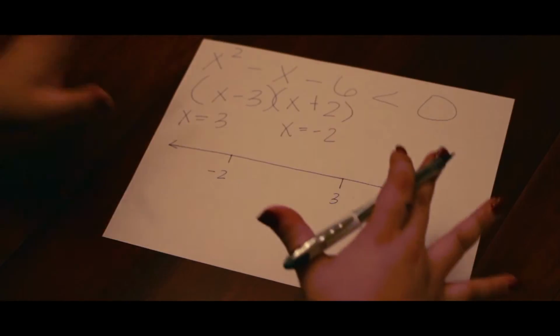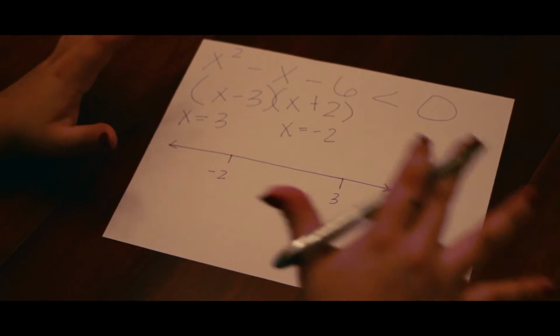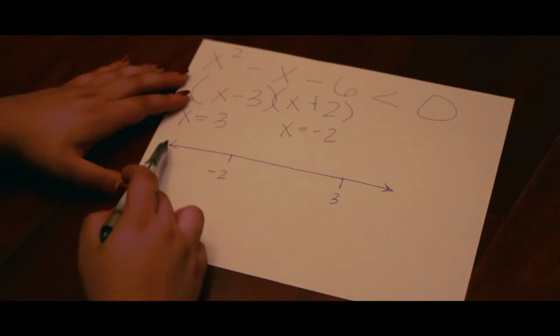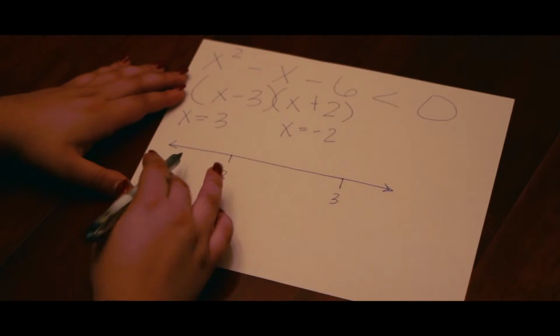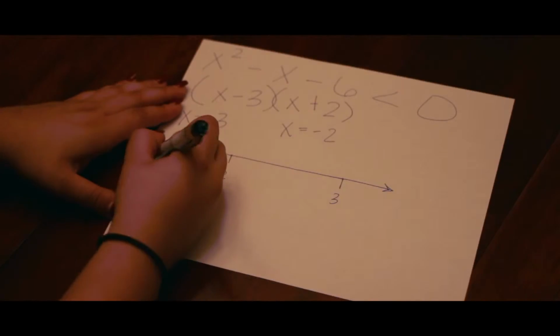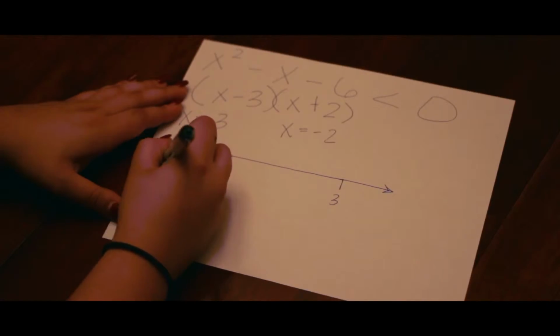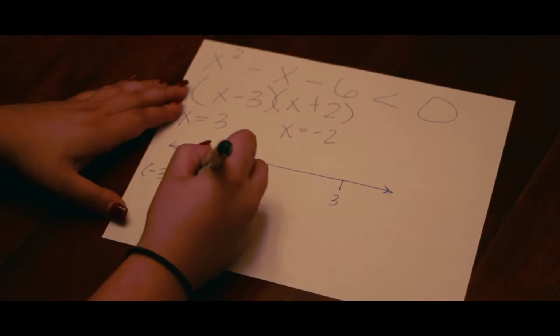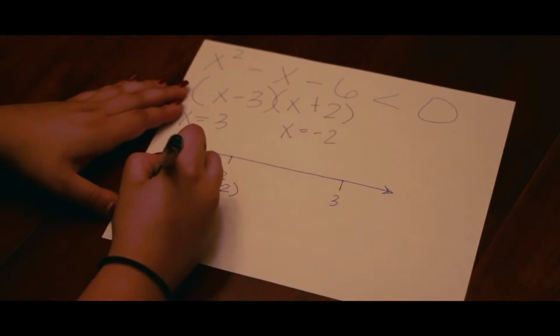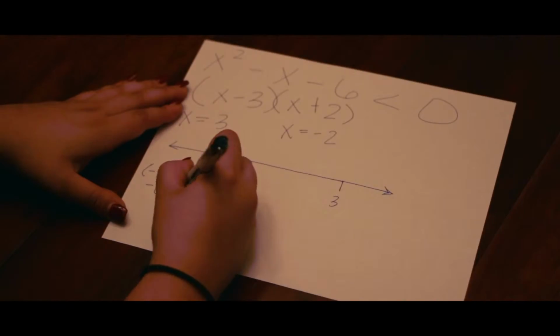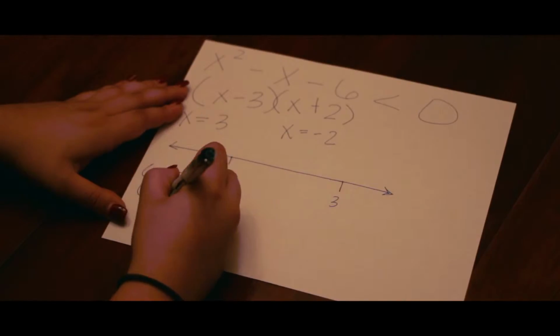And now I'm trying to find where they're gonna be negative and where they're gonna be positive. Well, I know that it's gonna be a positive domain here, because if I were to plug in a number like, let's say negative 3, negative 3 minus 3 times negative 3 plus 2. Negative 6 times negative 1. That's 6.